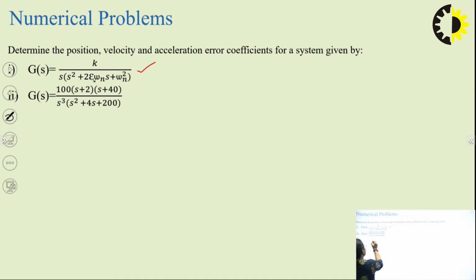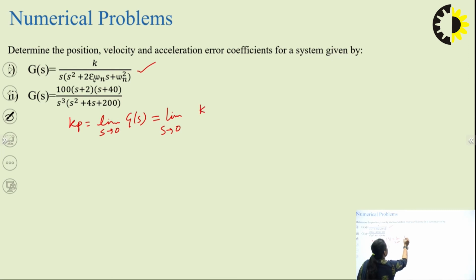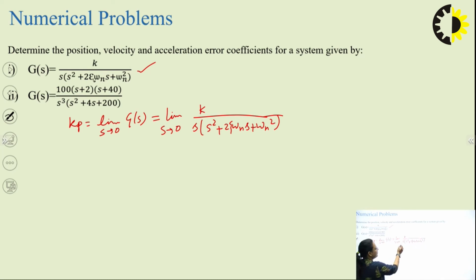Since we know the formula for Kp is limit s tends to 0 of G(s), I simply put the value of G(s) in this equation and apply the limit. This is s into (s square plus 2 zeta omega n s). You can directly solve by putting the limit here, or you can see that this is a type 1 system.